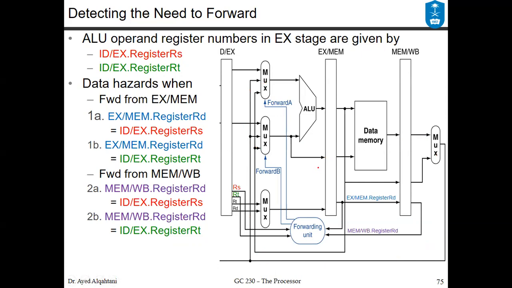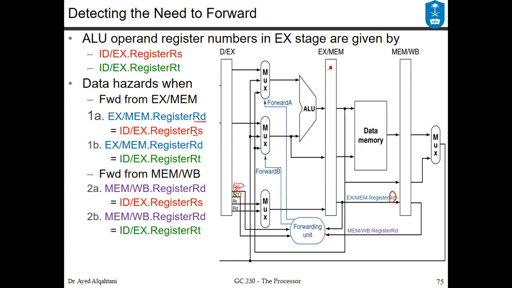So what happens is we compare the RS and the RT because the forwarding could happen in the first operand or the second operand. So we compare the RS with the destination register from the execute memory pipeline register, which is this one. So we compare its RD with the RS and the RT. If they are equal, then the need for forwarding is detected.